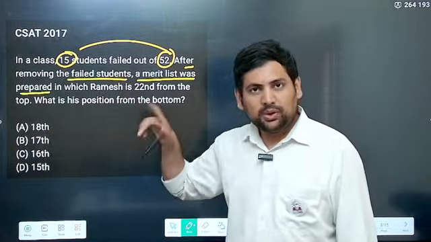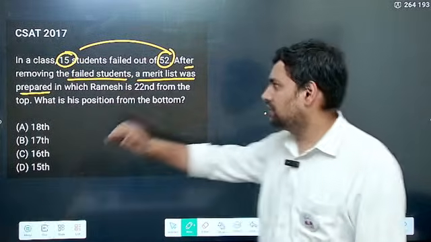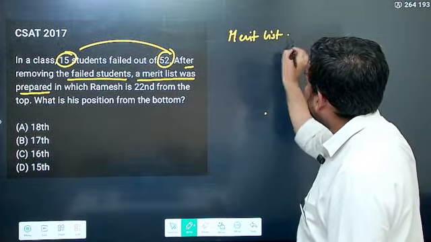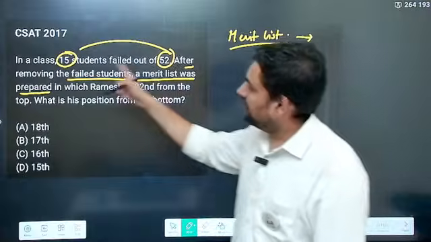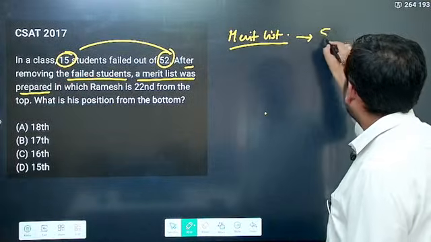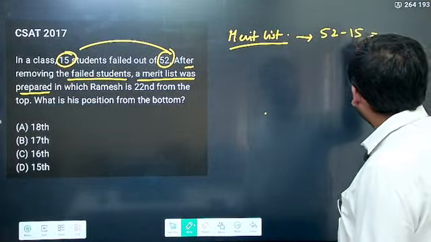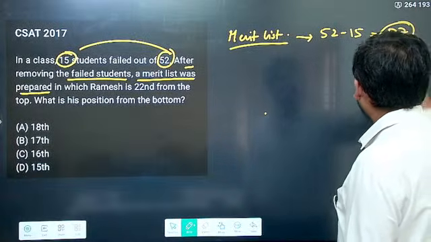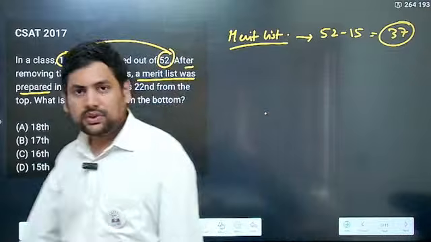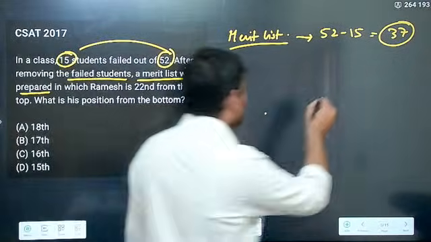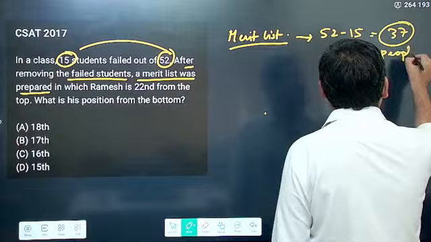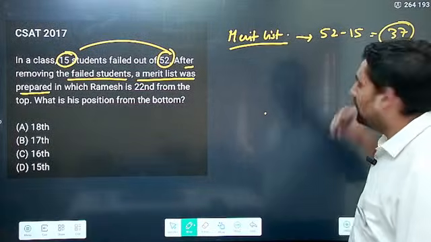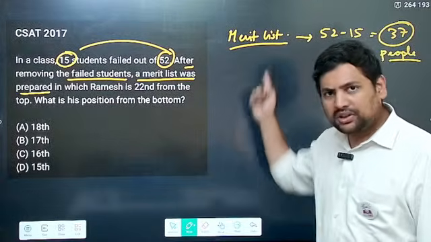The merit list is prepared only after removing the failed students. So the merit list is for how many people? The merit list is for 52 minus 15. What will this be? This will be 37. So this merit list has 37 people, not 52. This is the total number of people in the merit list.